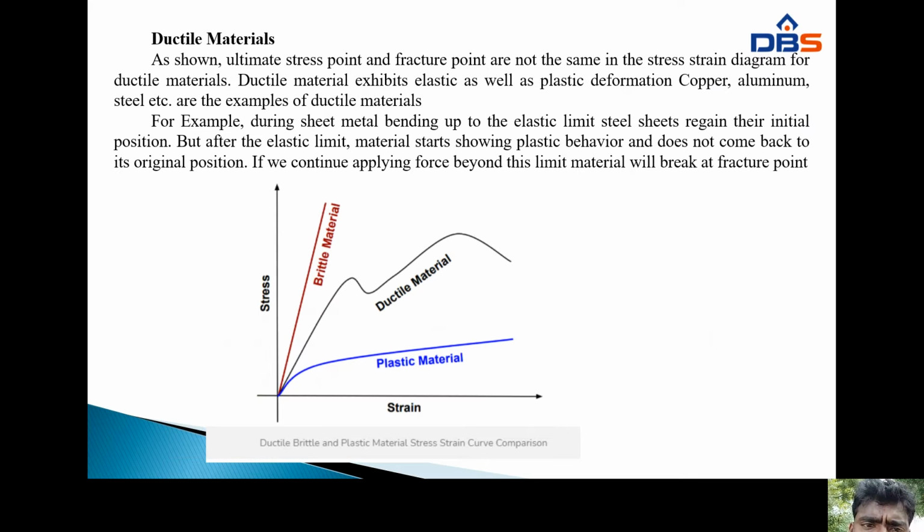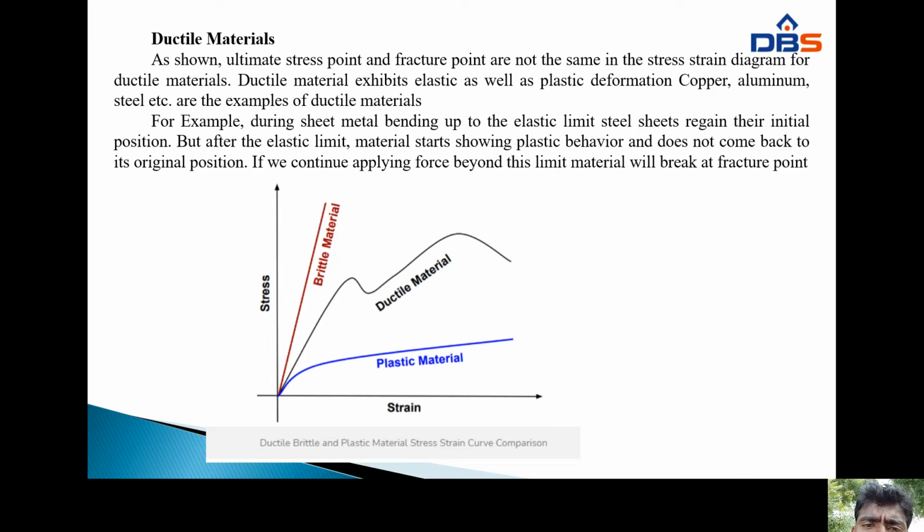Next, ductile materials. As shown in the figure, the ultimate stress point and fracture point are not the same in the stress strain diagram for ductile materials. Ductile materials exhibit elastic as well as plastic deformation, for example copper, aluminum, steel.